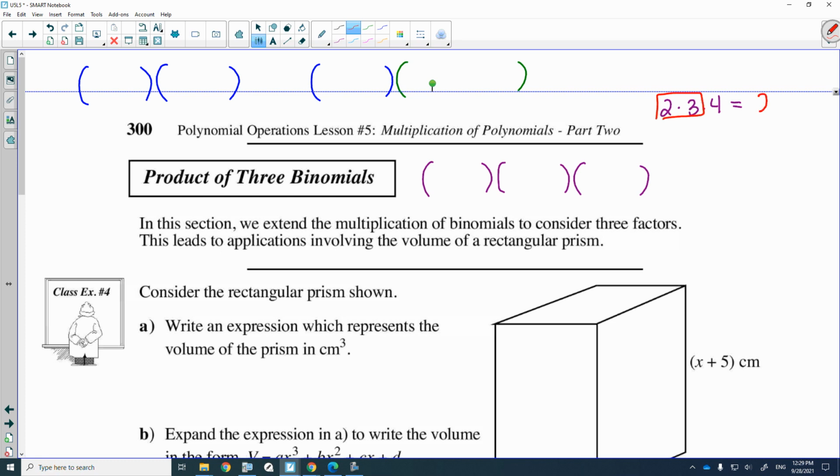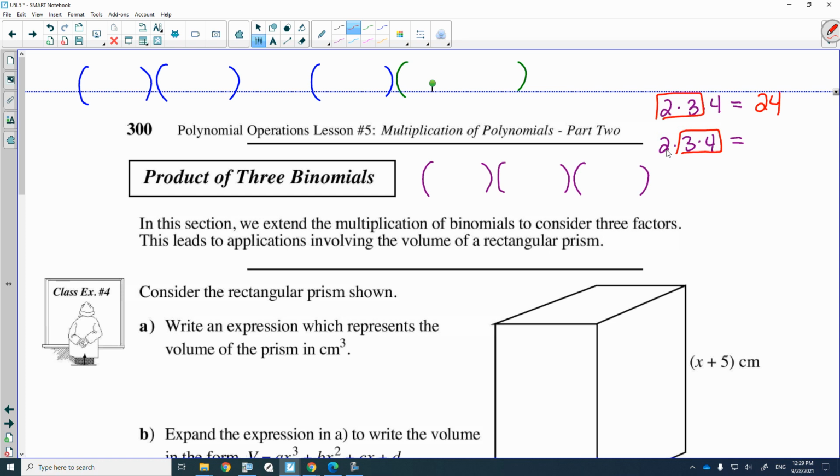So we need to get an answer of 24. Write down that same numbers, 2 times 3 times 4. And what I want to show you is let's multiply these last 2 numbers first, and let's see if we get the same answer. So what's 3 times 4? 12. What's 12 times 2?